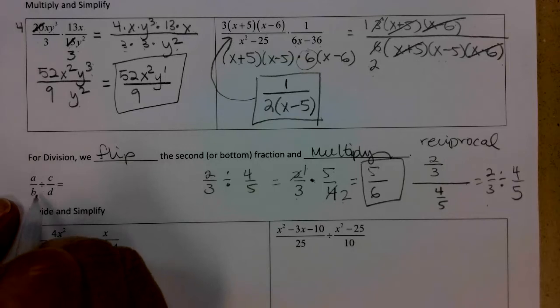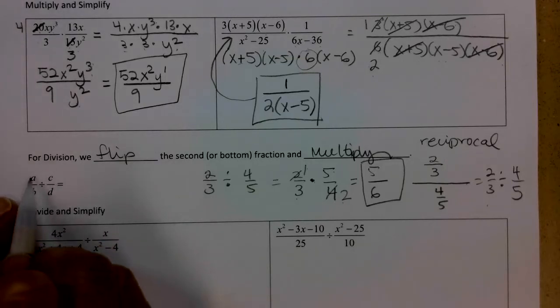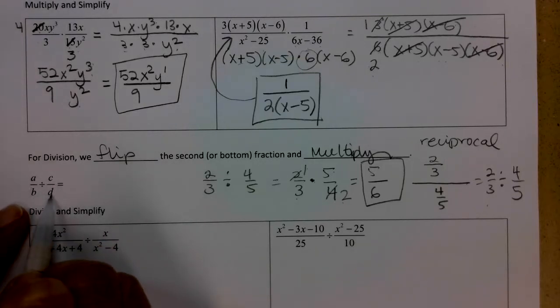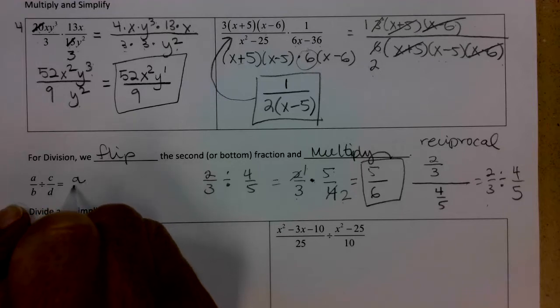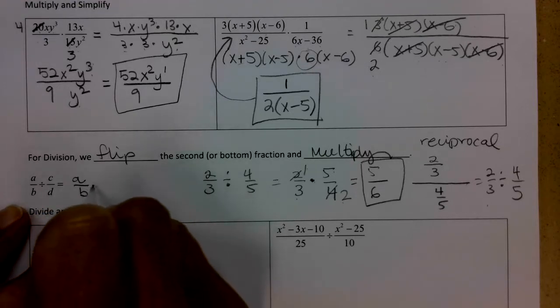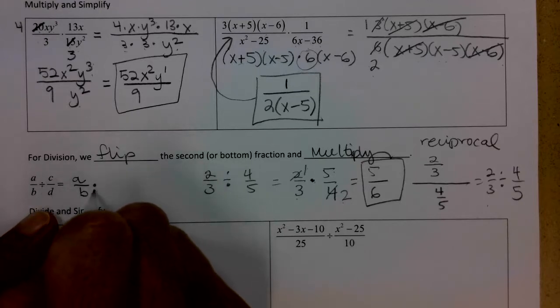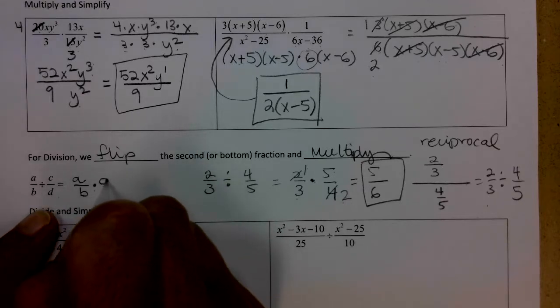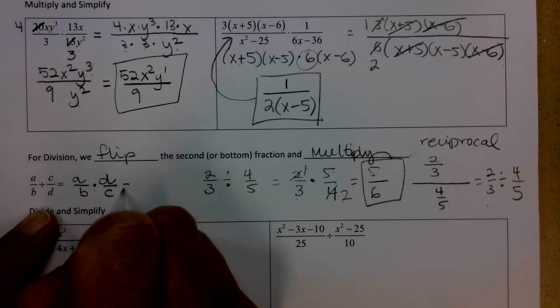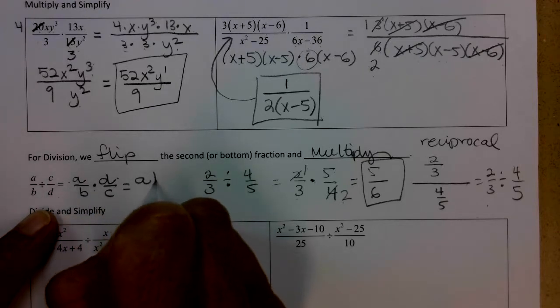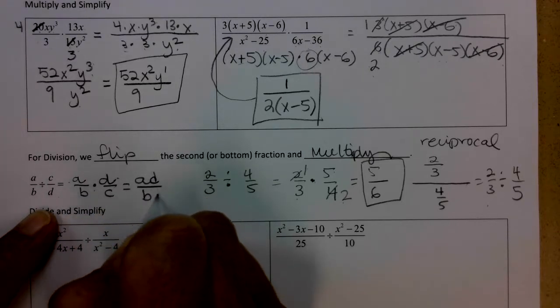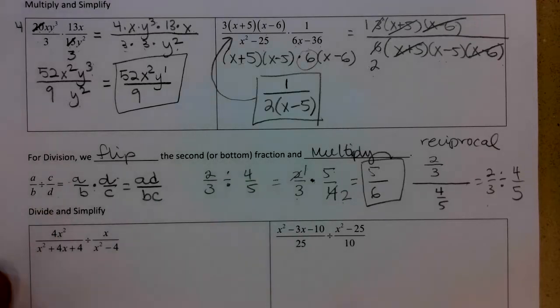This shows up in a lot of books. So A over B divided by C over D is A over B times, so the division changed to multiply, and then we flip that fraction, D over C. And then we just multiply across. So A times D over B times C, if that helps.